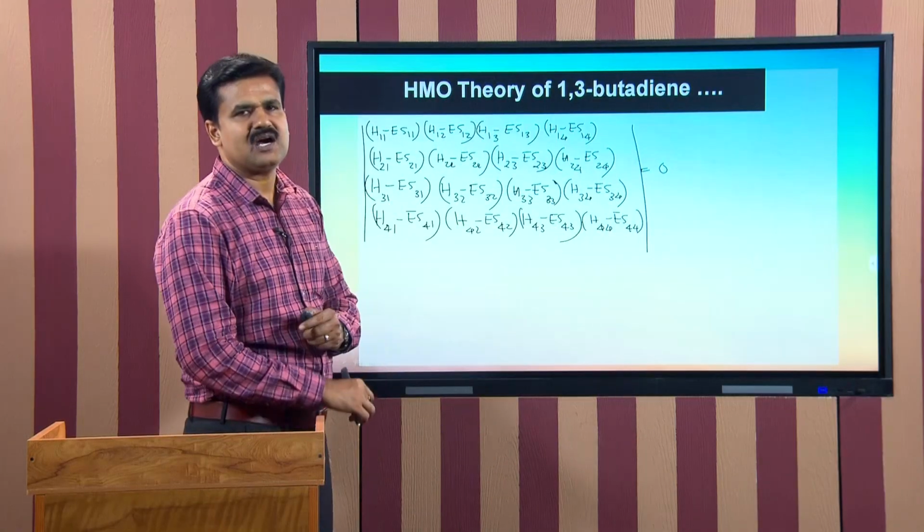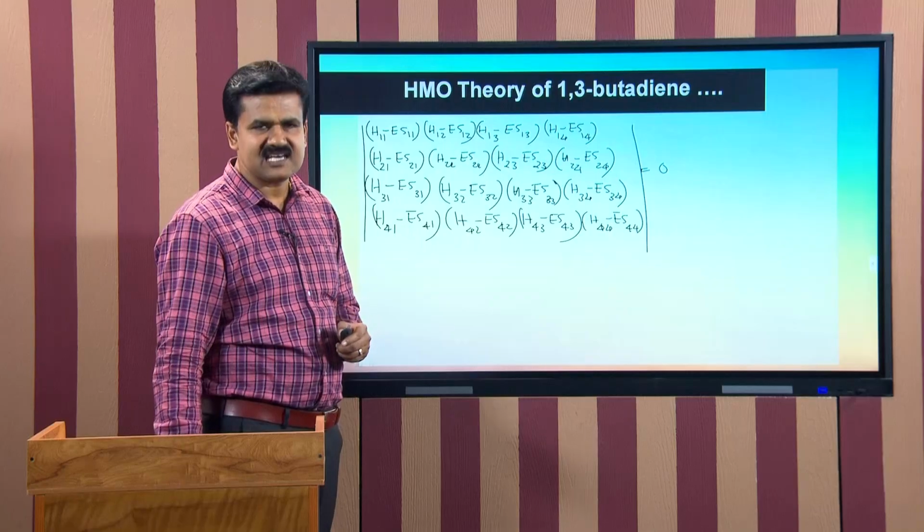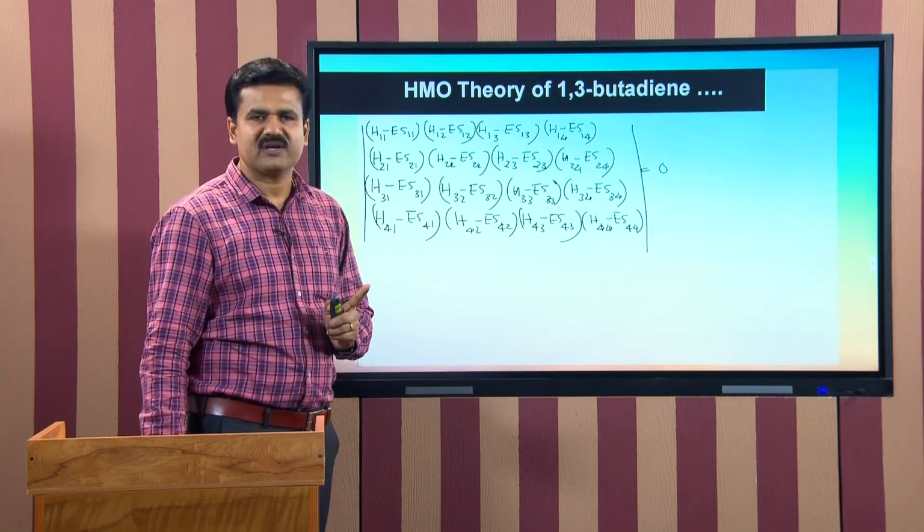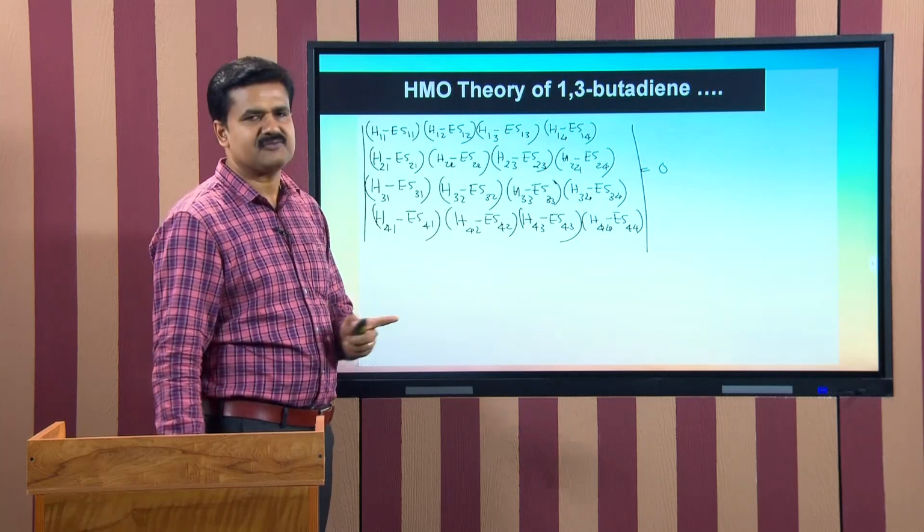And we have to apply Huckel's approximations here. By putting different values for the overlap and Hamiltonian integrals, we can solve this further.